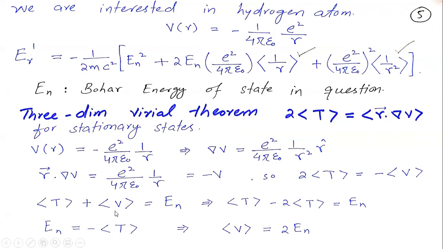Now put in the value of the expectation value of V from this expression, which gives us the Bohr energy E_n equals minus the expectation value of T.